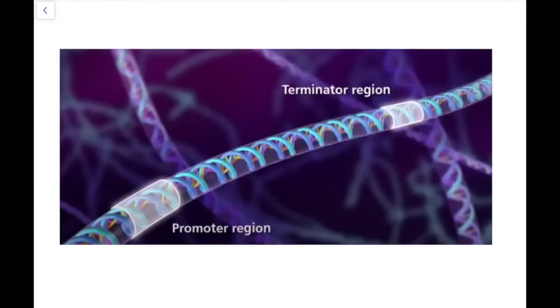If we zoom in on a region of DNA which we can consider to be a gene, which would be this region here, we can see that a gene is made up of a promoter region at the start, a terminator region at the end, and then in the middle of that would be what's considered the coding sequence.